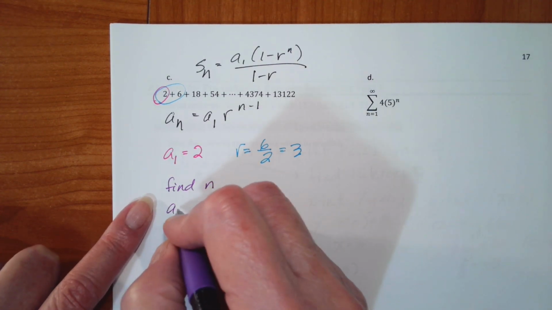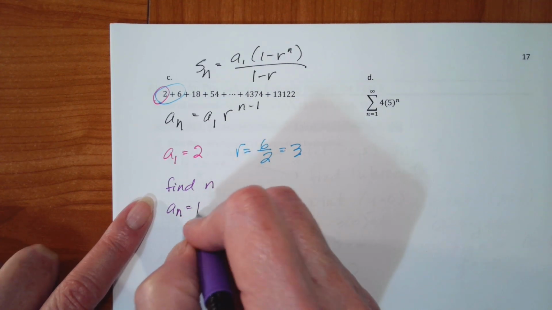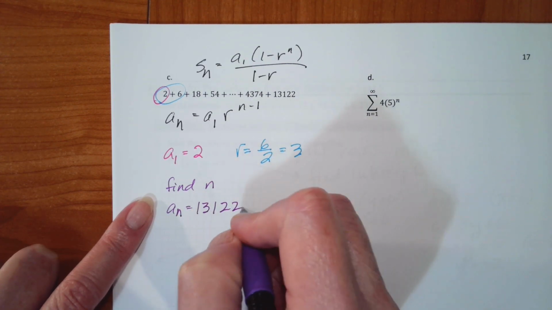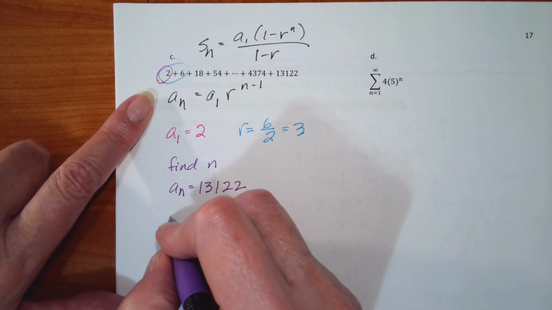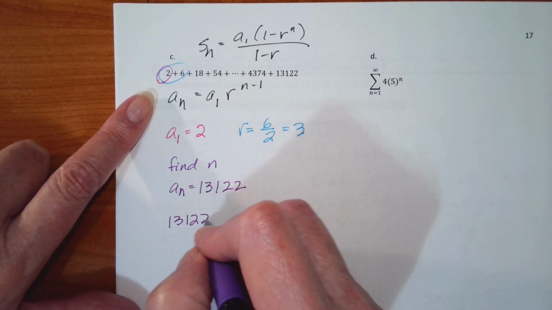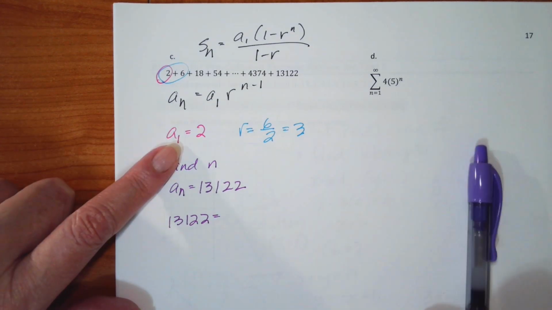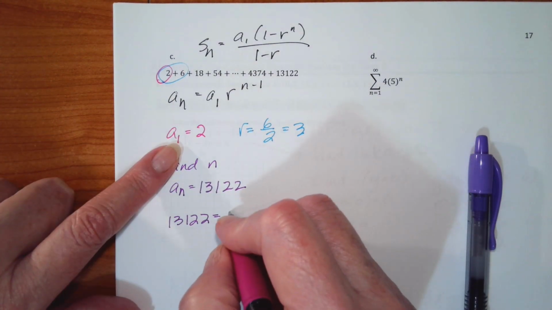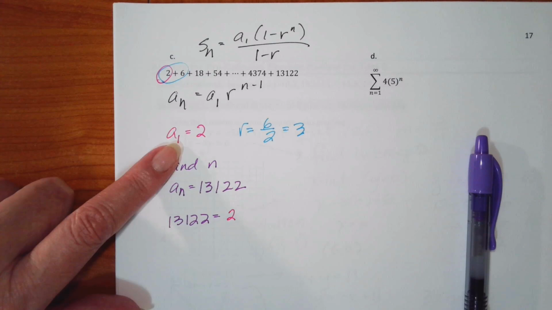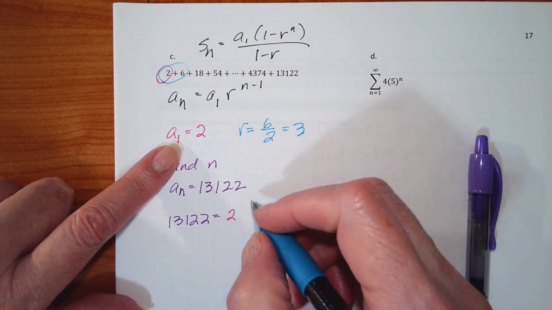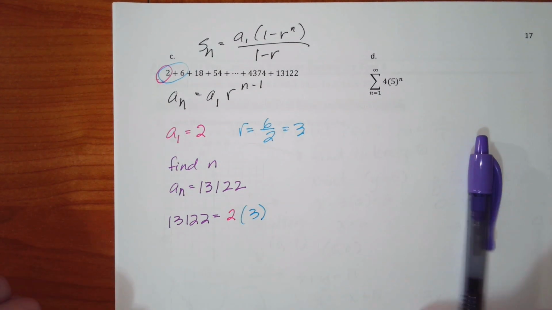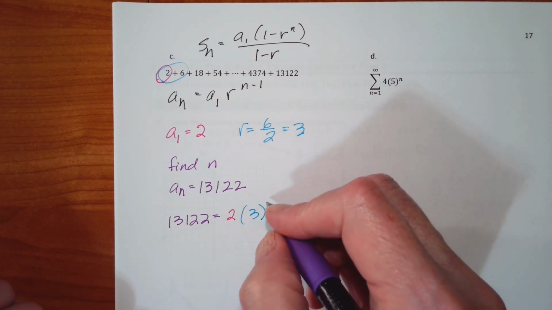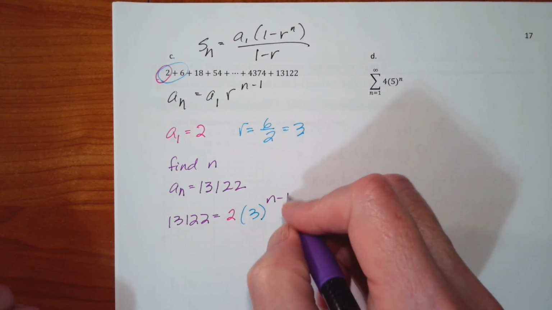I know a sub n is equal to 13,122. So using this formula, I can say 13,122 is equal to a sub 1 times my r to the n minus 1.